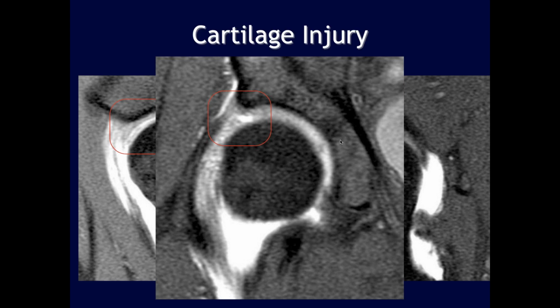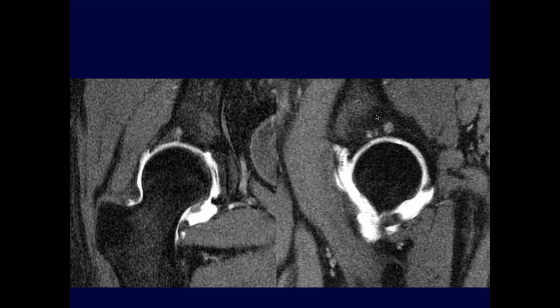Right. And here again, we have adjacent chondral loss and a diminutive blunted appearance of the superior labrum. Yeah, it's superior, and it goes kind of into the anterior labrum, and that's typical of a cam-type impingement. It's like chondromalacia.